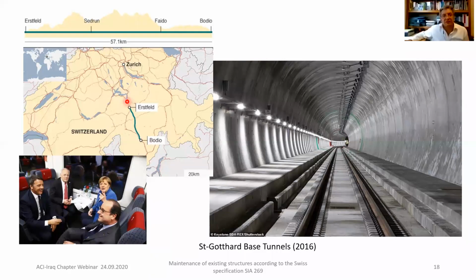The financing of this tunnel came from the Confederation and also from Europe, because, as you know, this area connects Southern Europe with Northern Europe.